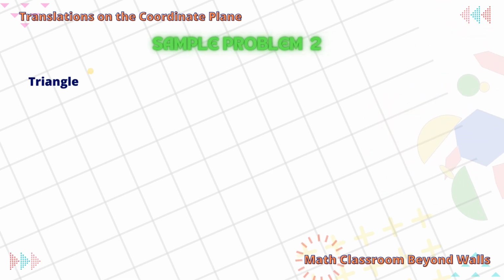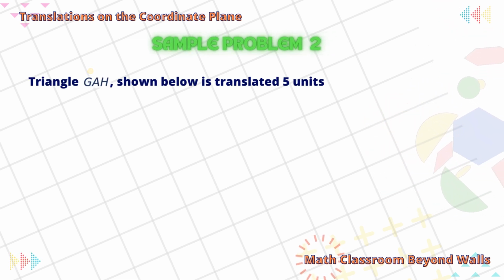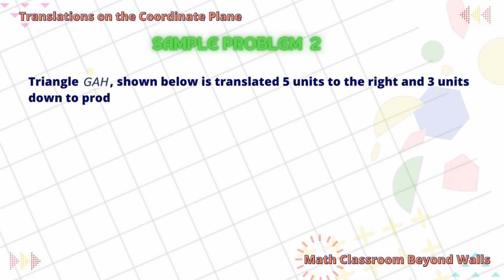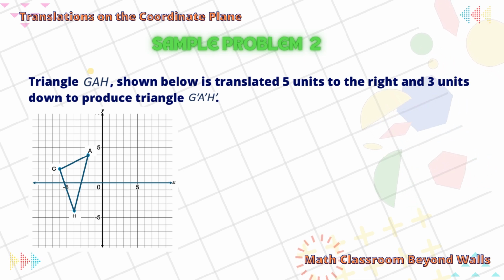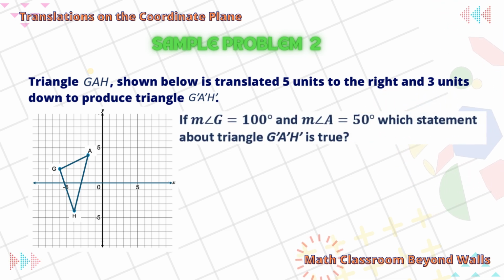Triangle GAH, shown below, is translated 5 units to the right and 3 units down to produce triangle G prime, A prime, H prime. If the measure of angle G is 100 and the measure of angle A is 50 degrees, which statement about triangle G prime, A prime, H prime is true?